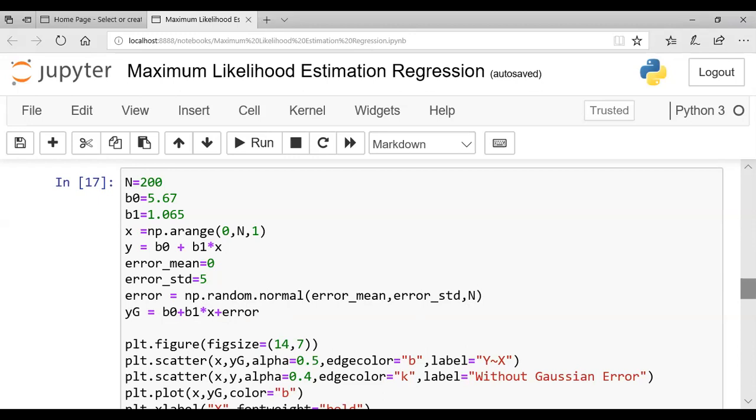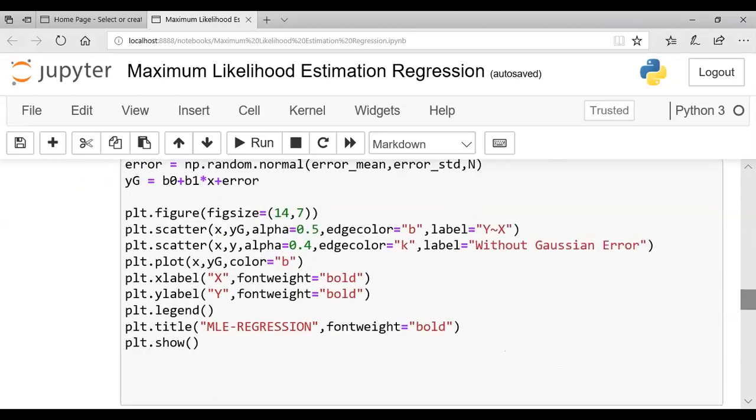Now what I will do, this plot figure size is 14.7, that is the large pixel size I'm giving. Then a scatter plot initially, that is the X variable, YG, and alpha. Let us consider you have the blue color, and alpha means you are mixing in white color, so the blue will gradually reduce.